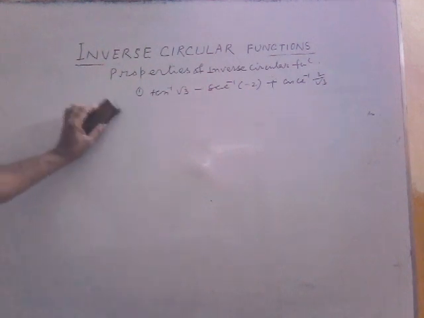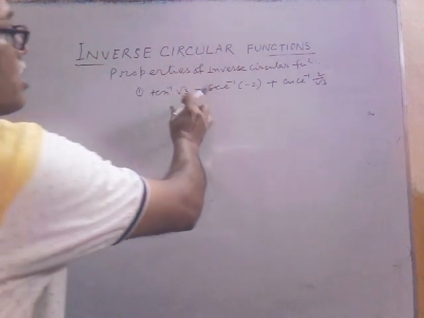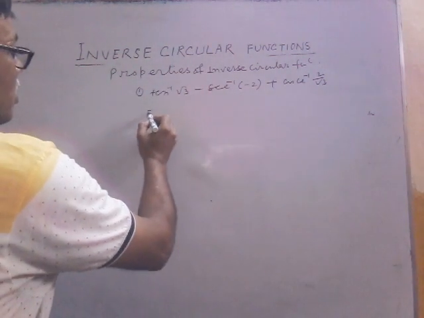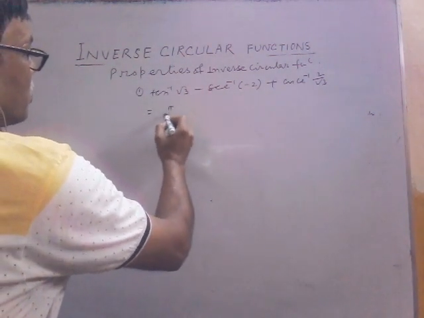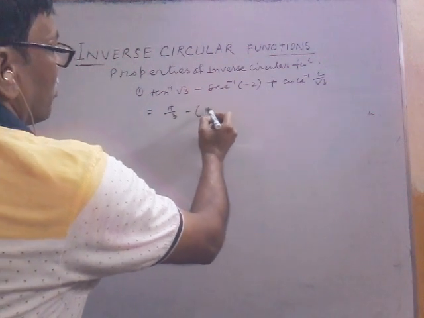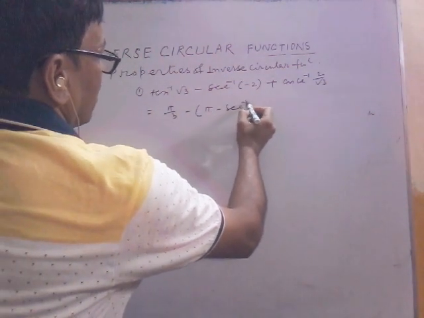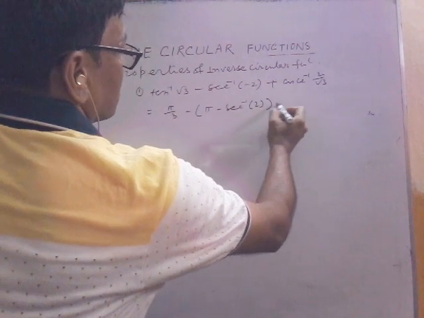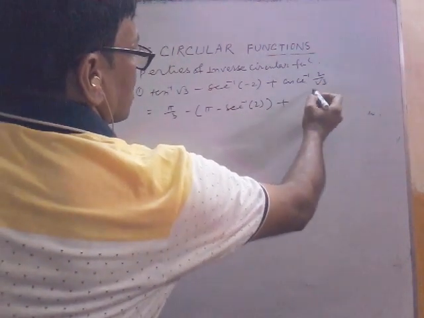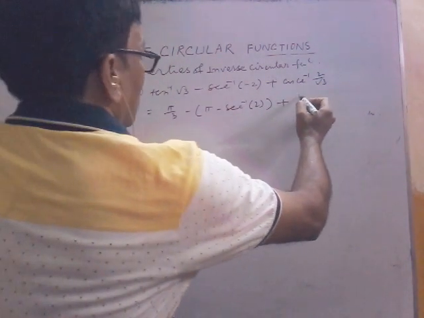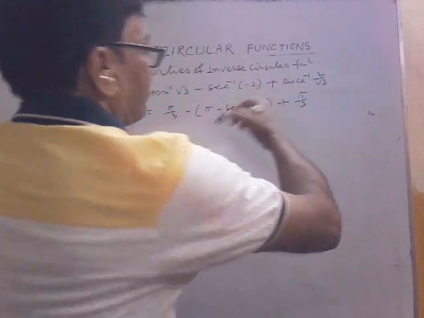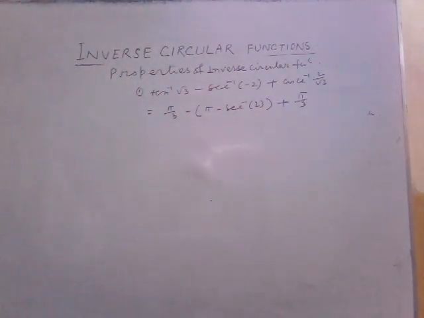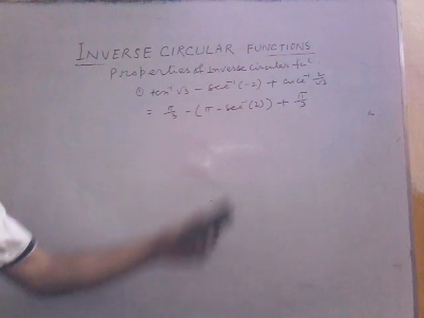So very simple. You write the principal value of each inverse circular function. This is pi by 3. Pi minus sec inverse 2, this is pi by 3. Root 3 by 2 is sin pi by 3, so reciprocal.